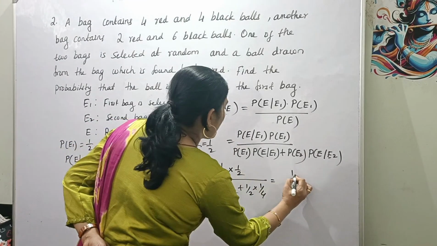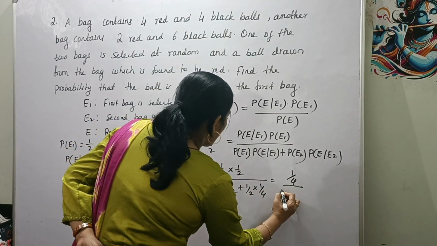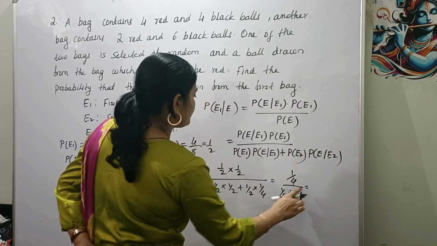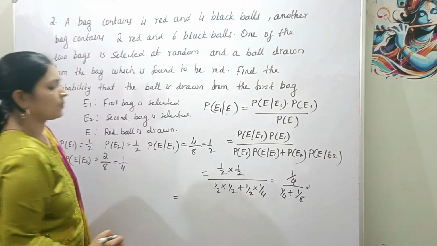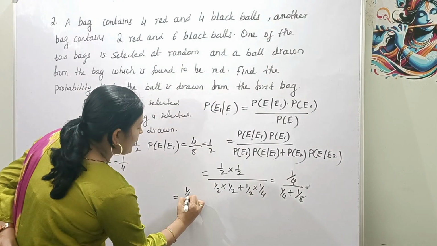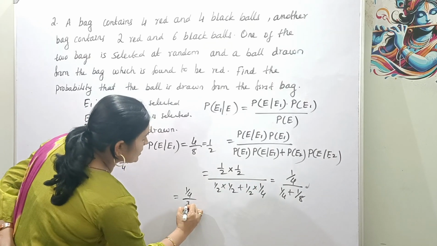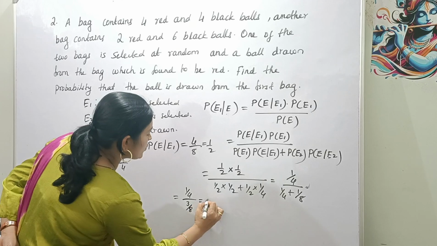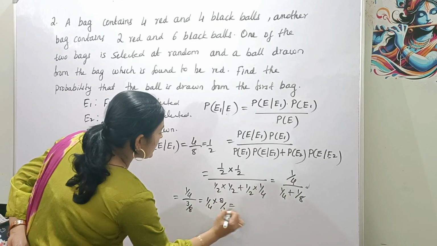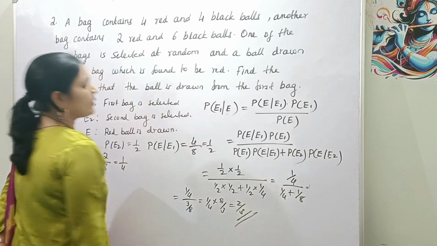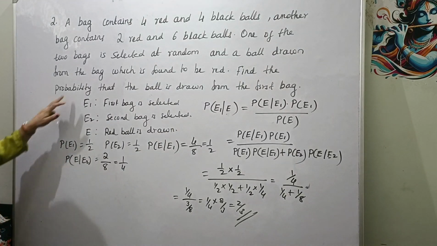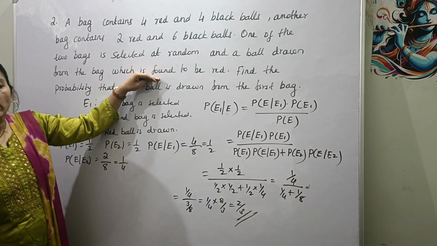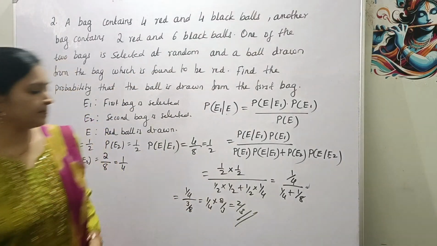That is equal to 1 by 4 divided by 1 by 4 plus 1 by 8, which is 1 by 4 divided by 3 by 8, since it is 2 plus 1. So 3 by 8, that is equal to 1 by 4 into 8 by 3, which is 2 by 3. Therefore, the probability of the first bag given that a red ball is drawn is equal to 2 by 3.